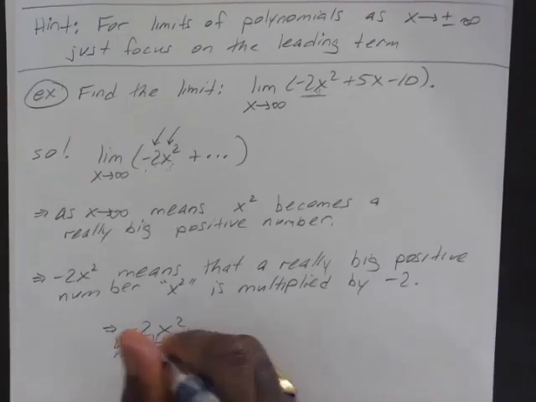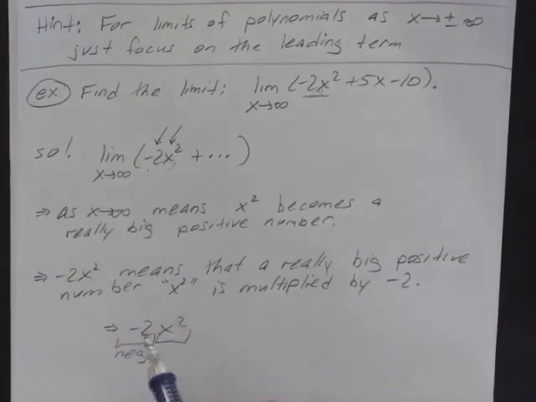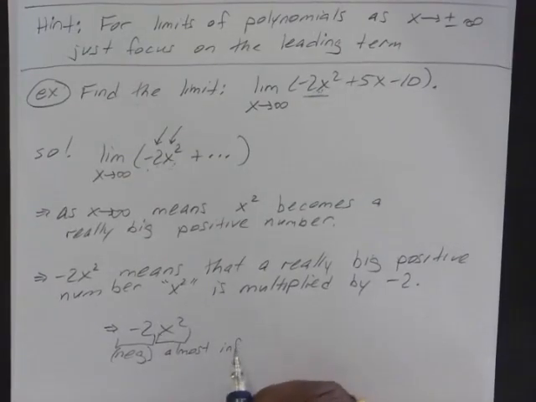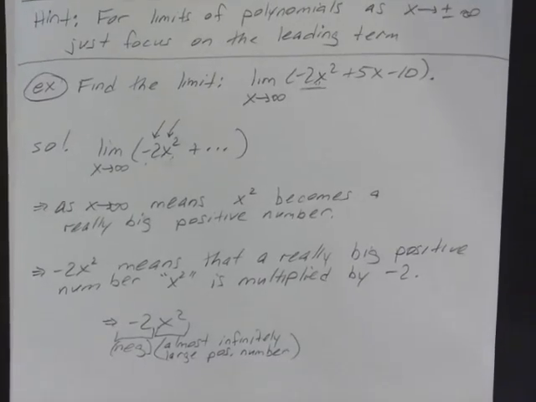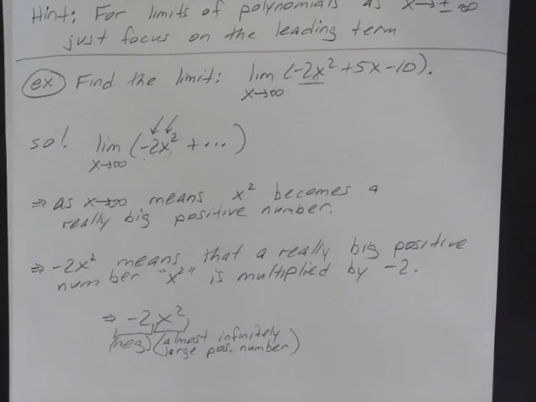Well, I'll say almost infinitely large positive number, just to make sure that's accurate. Can't say infinitely because there's no such value as infinity, so say almost infinite or approaching infinity.